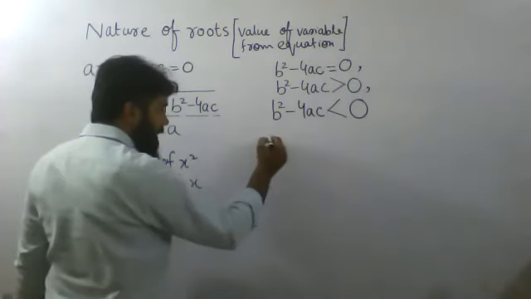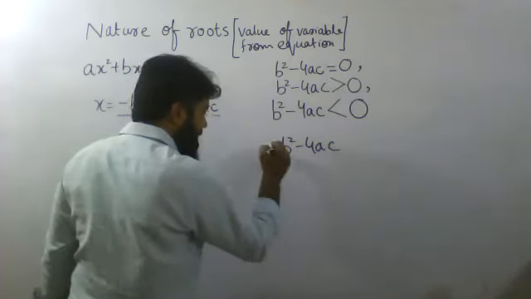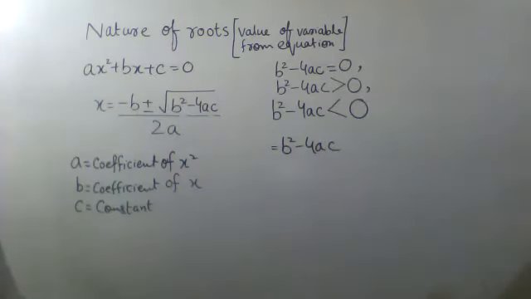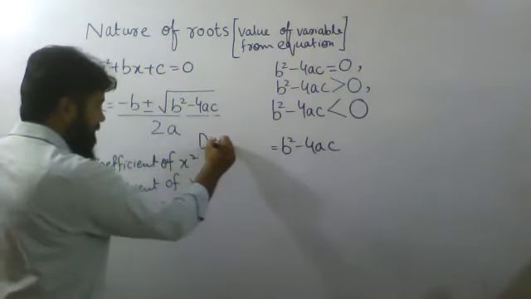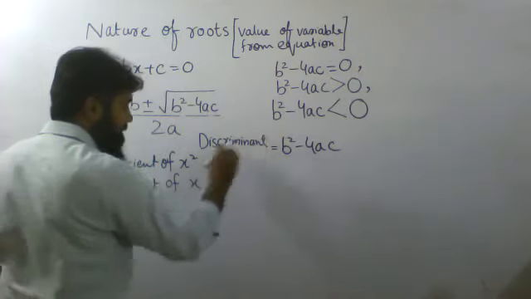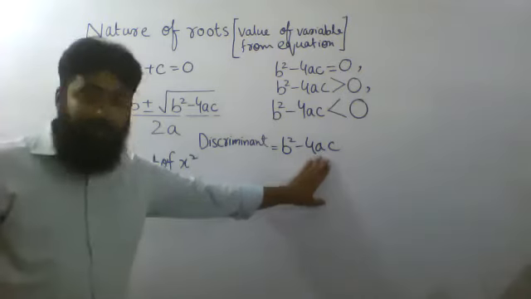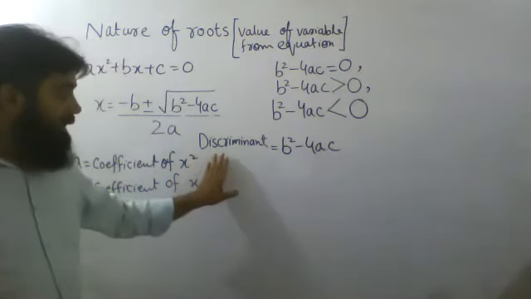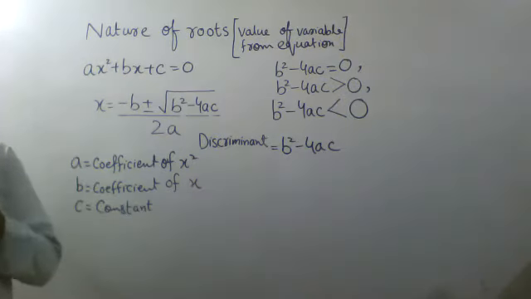This b square minus 4ac is basically known as the discriminant of the root. B square minus 4ac is basically the discriminant of your root.